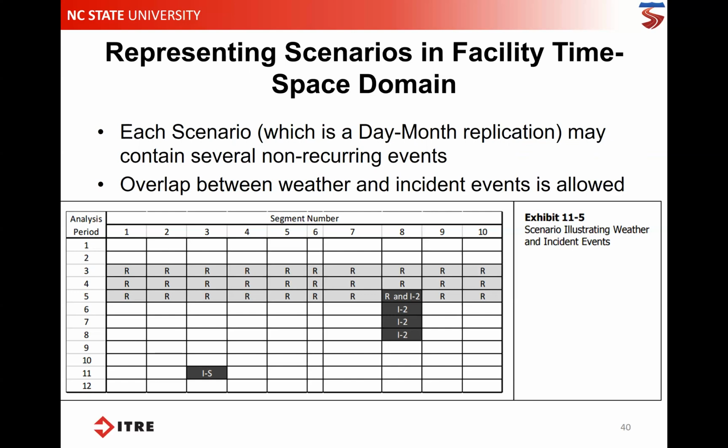In addition, we also have a couple of incidents, one lane closure on segment 8 and a shoulder closure later on segment 3. The idea here is that we model the effect of those compounded. So we adjust the capacity for both the rain event and the incident events together, as if they were independent, and apply those capacity adjustment factors, as you see here.